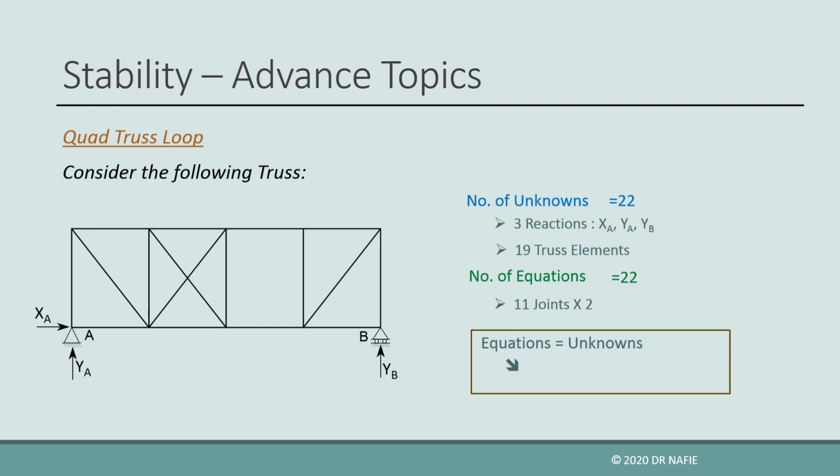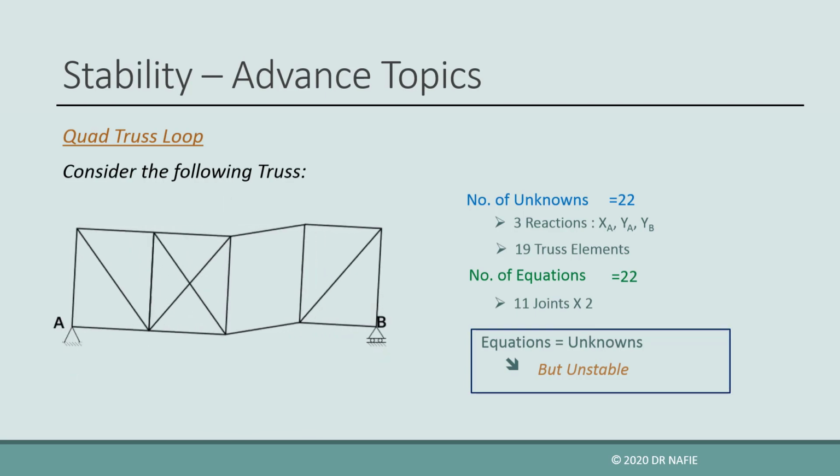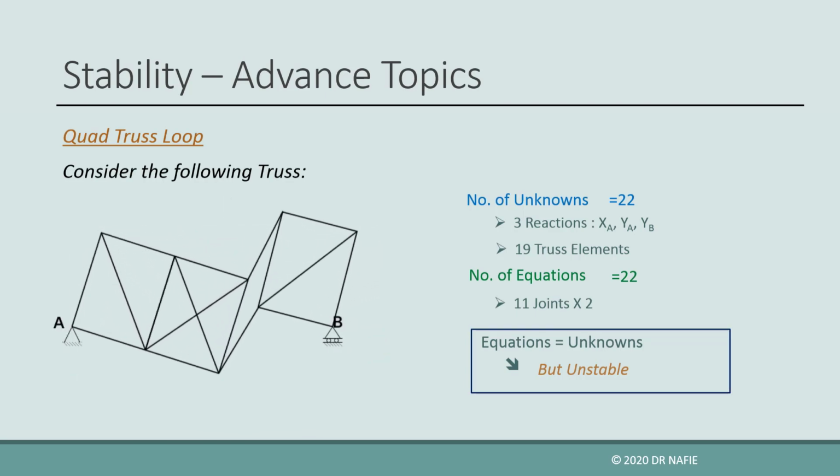According to the rule given earlier, this should lead to a stable truss. But in reality, this truss is unstable. This is due to the presence of the quad loop in the truss, which is the source of instability. The source of instability can be easily confirmed by watching the instability mechanism of the truss.